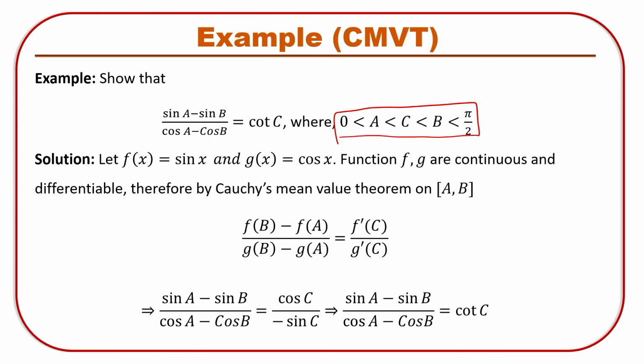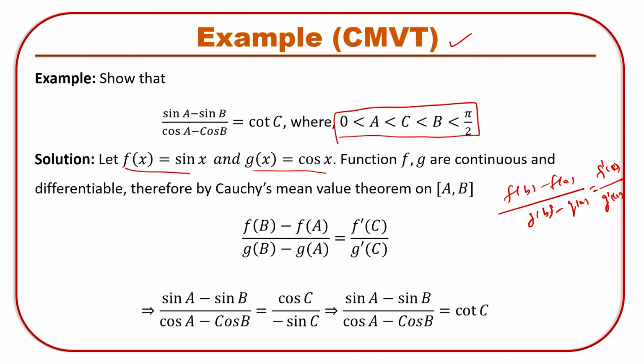Now, the same thing has been asked for the Cauchy mean value theorem. The previous question was asked for the generalized mean value theorem. Here it was asked for the Cauchy mean value theorem. So, here f(x) equal to sin x, g(x) equal to cos x, and what was the Cauchy mean value theorem? It was (f(b) minus f(a)) divided by (g(b) minus g(a)) is equal to f'(c) divided by g'(c), right? Put these values.